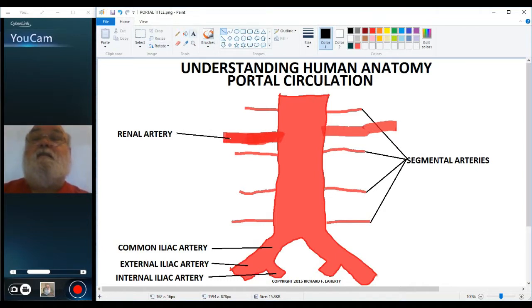Then, just superior to the renal arteries, we'll have an adrenal artery or a suprarenal artery.